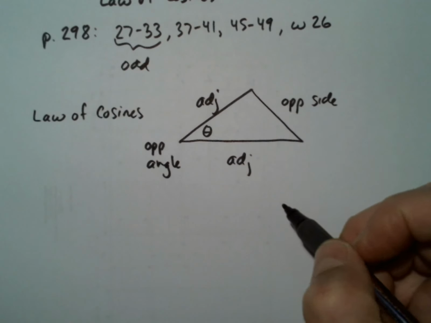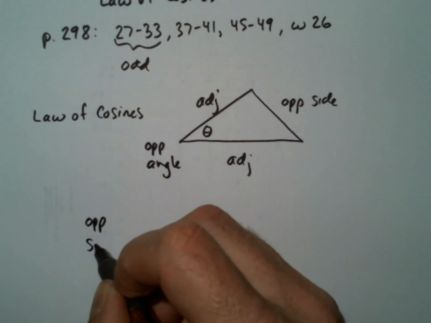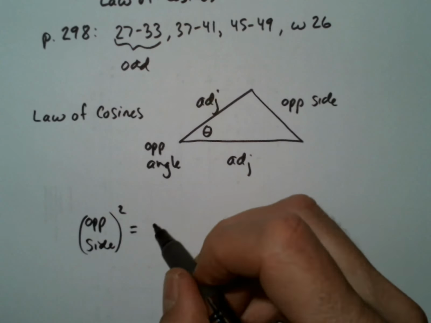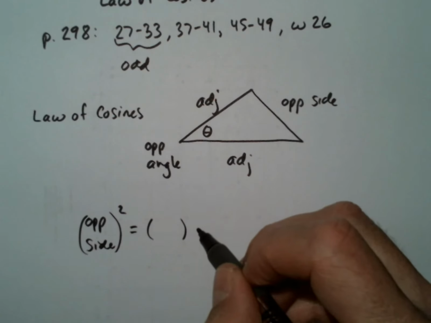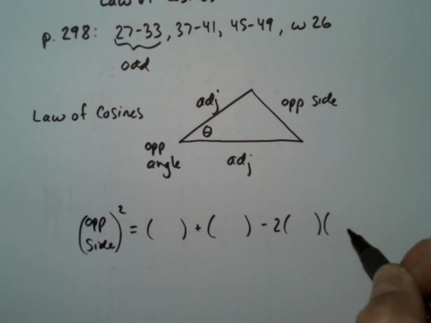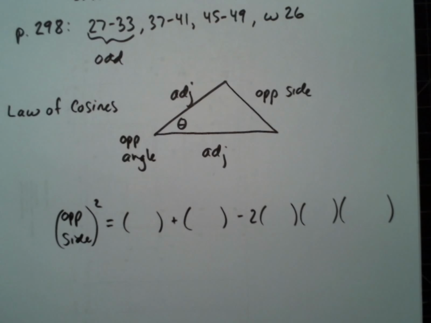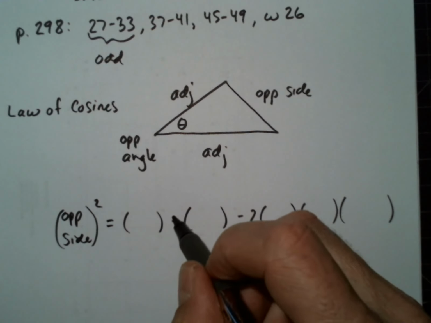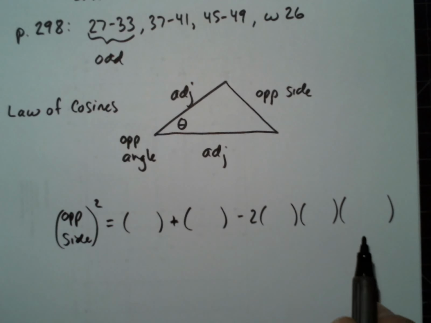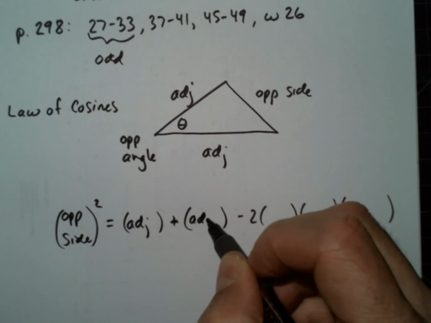So the law of cosines is just going to be the opposite side squared, and then we're going to have adjacent minus 2 adjacent, and then opposite angle. If you have trouble memorizing the law, you can just memorize this pattern where all of these are adjacents.